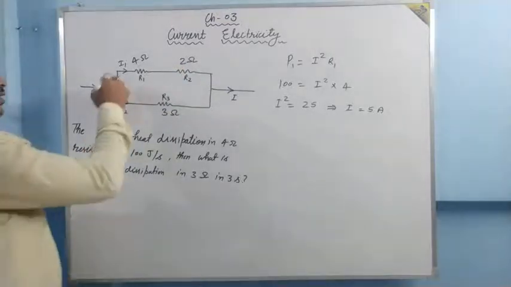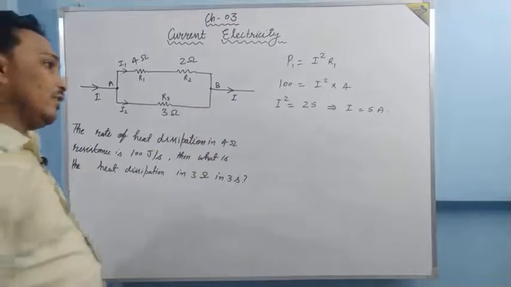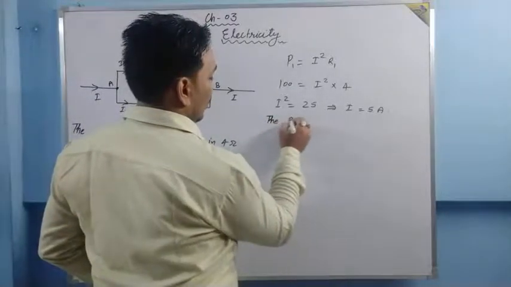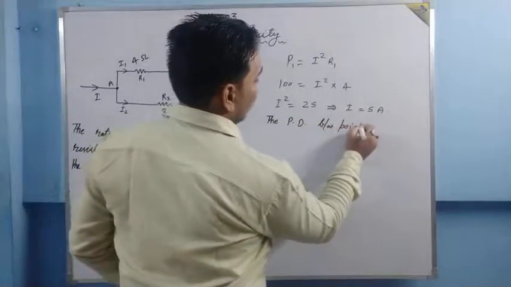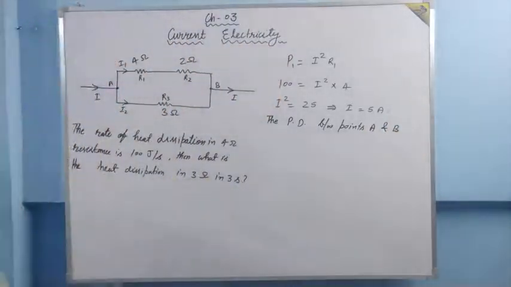If I say this is the point A and this is the point B, then what is the potential difference between points A and B?